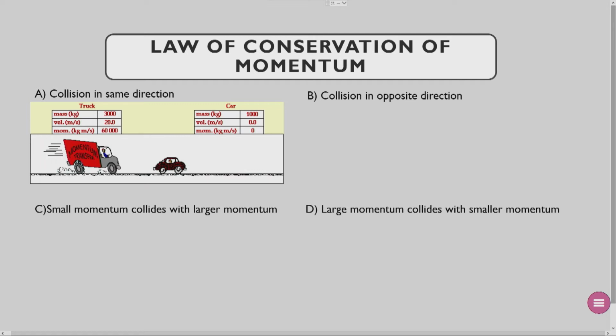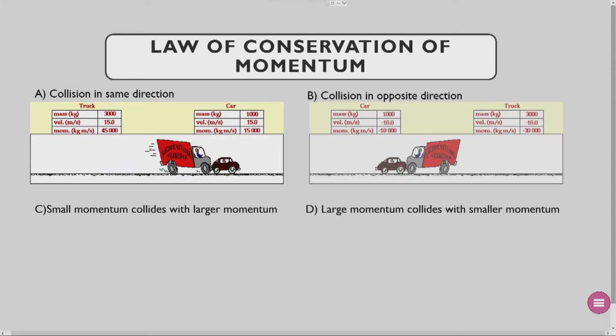After the collision, the truck's momentum is 45,000 kilograms meters per second, and the car's momentum is 15,000 kilograms meters per second. Notice that they stuck together in the same direction. If we add 45,000 plus 15,000, that gives us 60,000 kilograms meters per second, and we can therefore say that momentum is conserved.